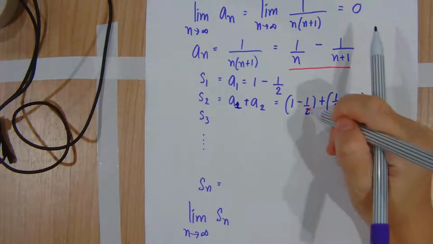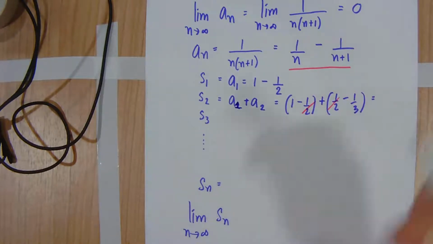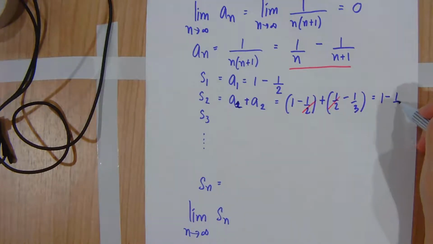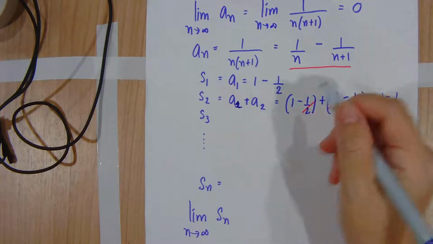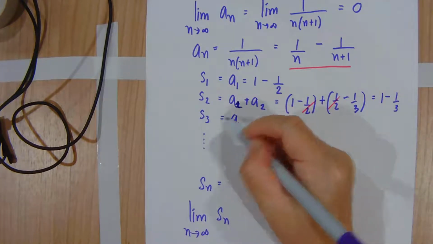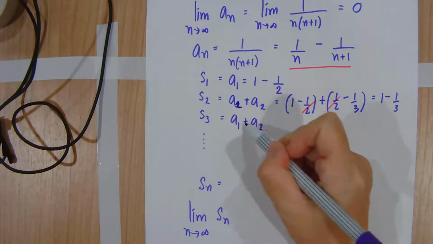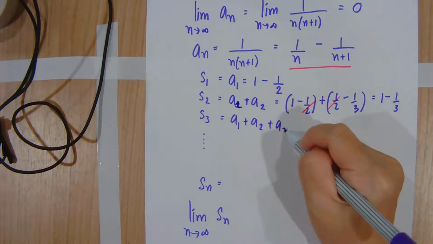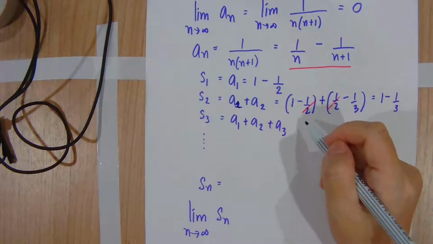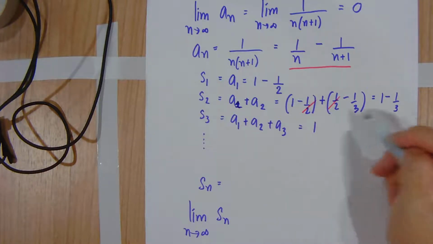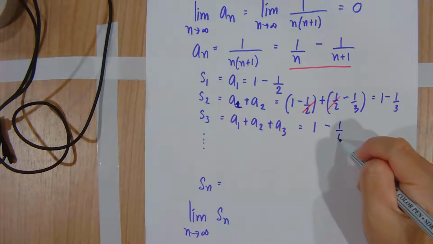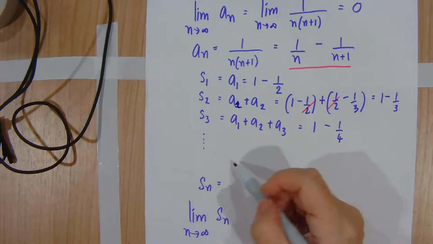You can see that they just cancel, and what is left is 1 minus 1/3. Then you do the same with S3. It comes from a1 plus a2 plus a3, and the terms cancel, so what is left is 1 minus 1/4.